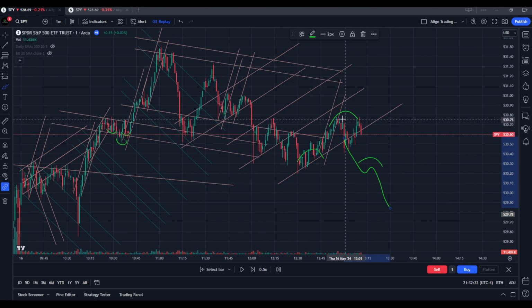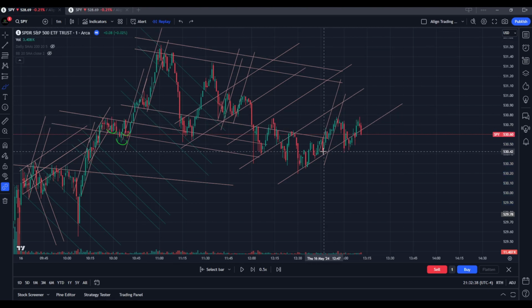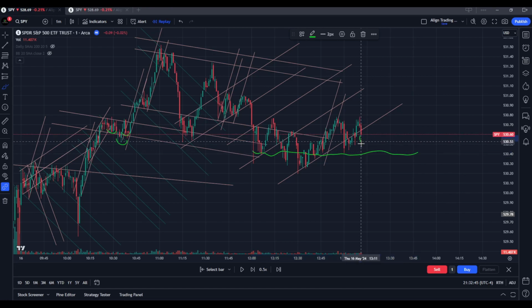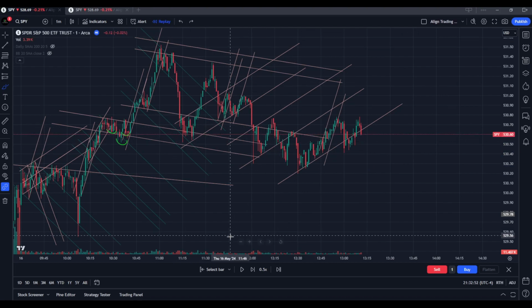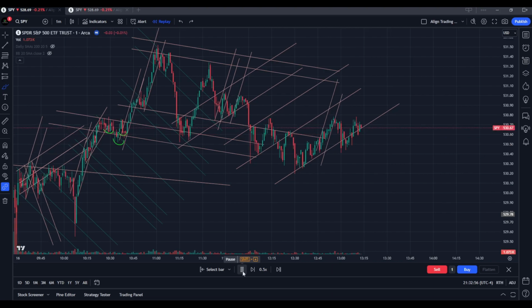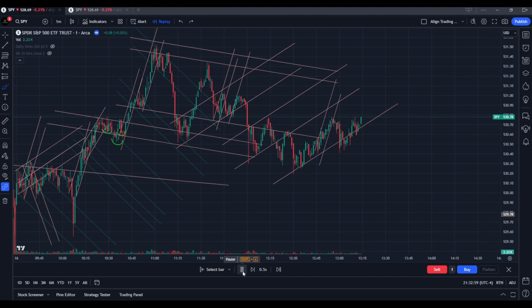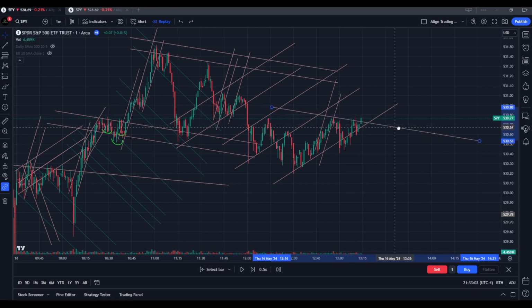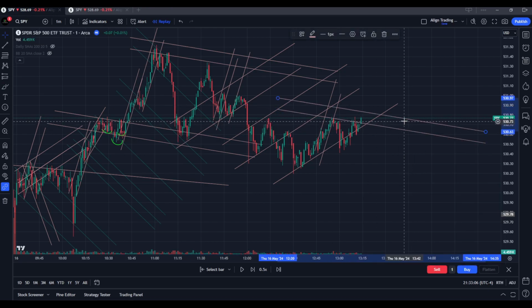Okay, so right here, this is starting to look a little bit more weak than strong because we do have this level right here, but it also can be an imbalance and we can break through it very easily. So I am paying attention to that. We're also starting to see this controlled selling possibly again right here, this algorithm.